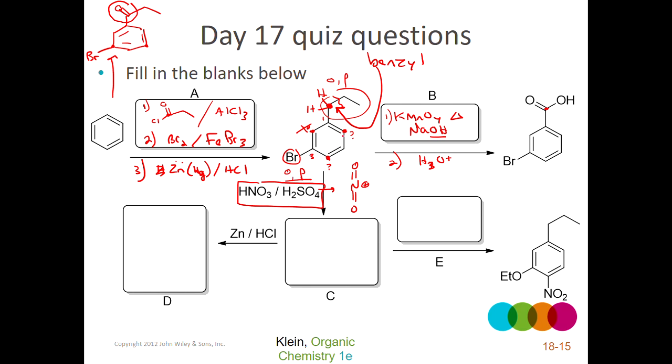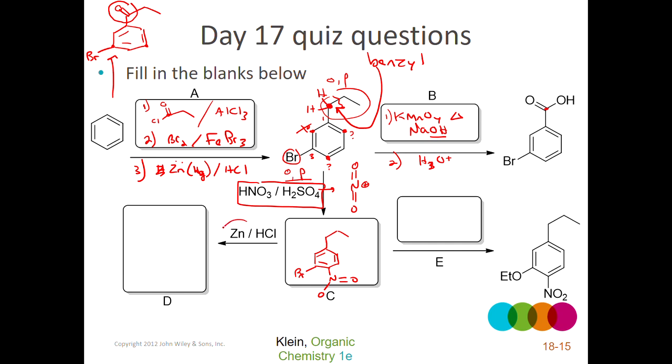Up here, the propyl group, being fairly large, is kind of blocking that collision that could occur. So I expect most of the product to have the nitro group coming here. Since the bromine is just a single atom, it's not going to create that much sterics and block that out. So the product I would draw here would have the nitro group now connected at that position.